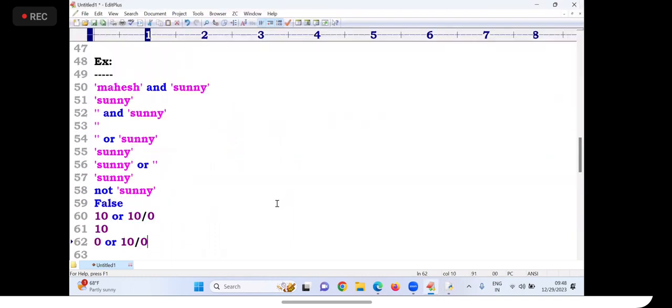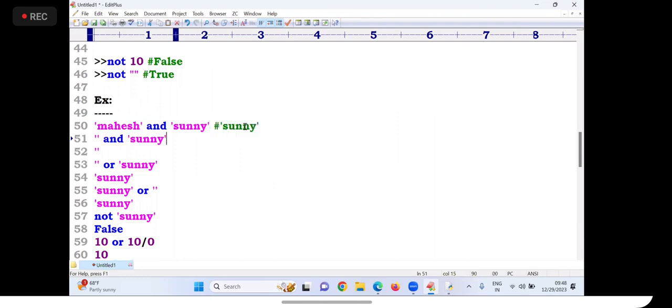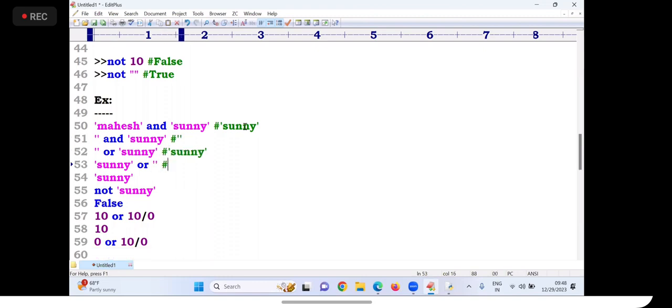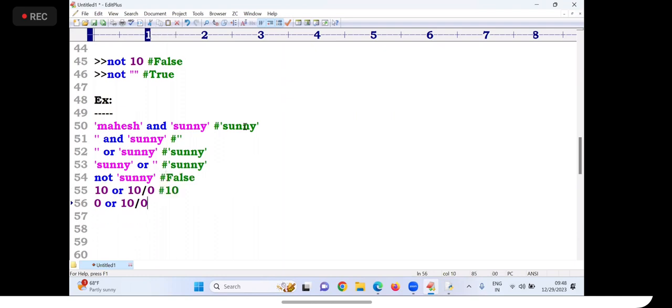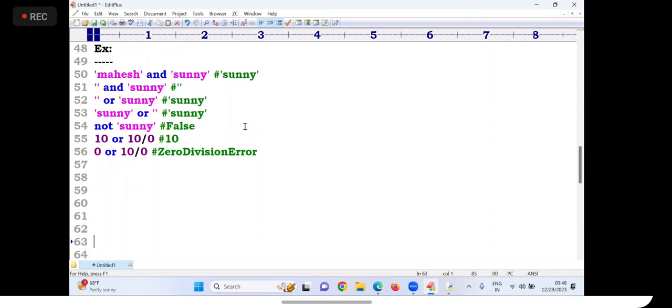Take these examples. So that is the logical operators and, or, not.